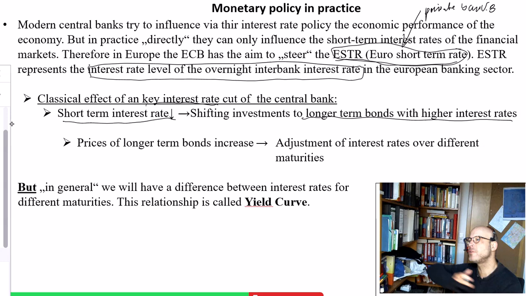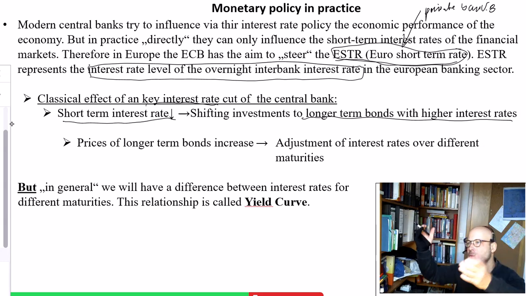But if this process starts, so demand for longer-term bonds increases, this would mean that the value of this bond increases, but this dampens, of course, the yield of the bonds because now demand is increasing, think of an outward shift of our demand curve. I have to pay a higher price now for longer term bonds.